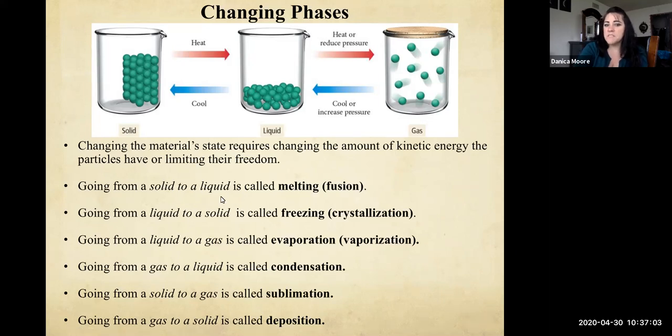And for whatever reason, this becomes really counterintuitive for students. They really want to say that solid to a liquid means that you're exothermic, right? But when you think about what's happening to the molecular freedom, I think it's easier to see that you have to add energy to a solid to get it to form a liquid, right? Does that make sense, guys? Yes. Cool.